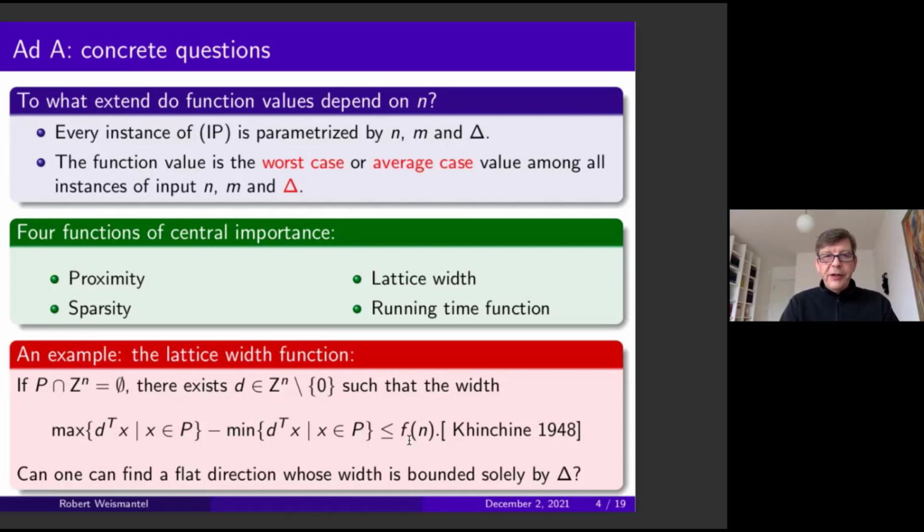And so the question here is, given that I imagine n is very, very big, can we find a flat direction whose width is bounded solely by delta? This would be the dream.